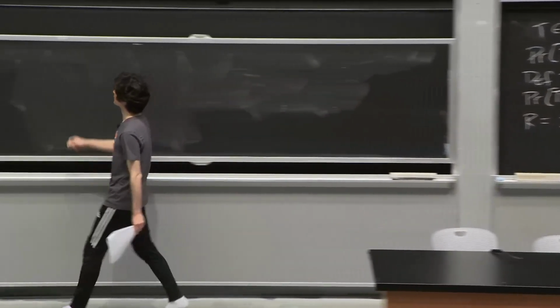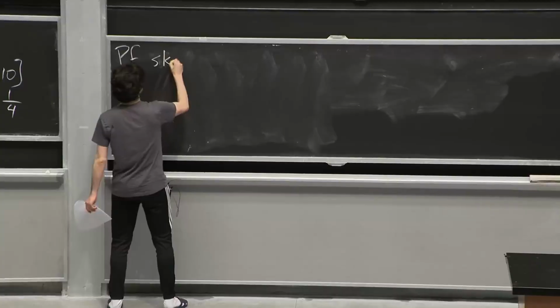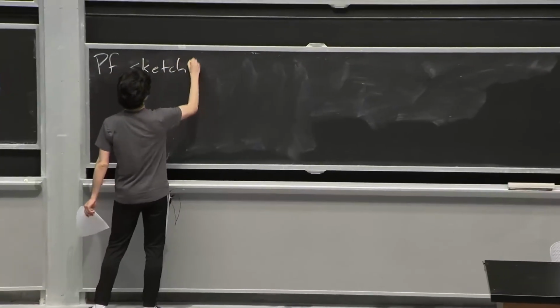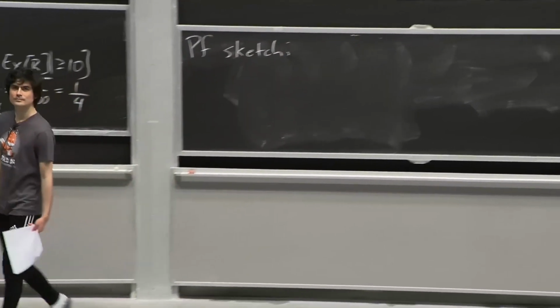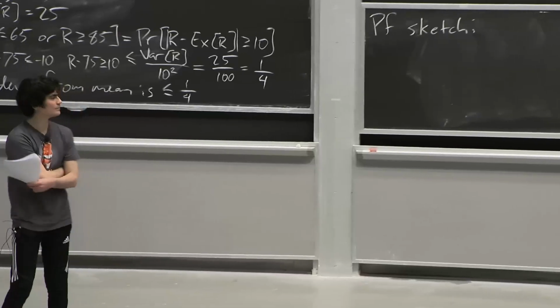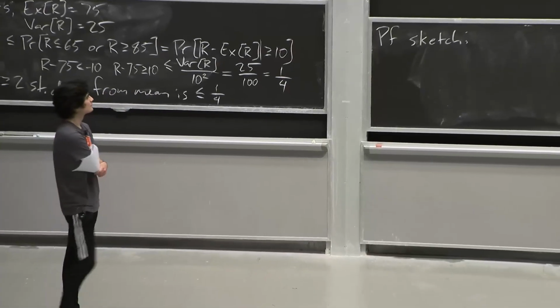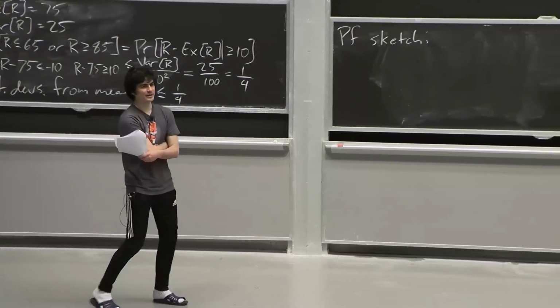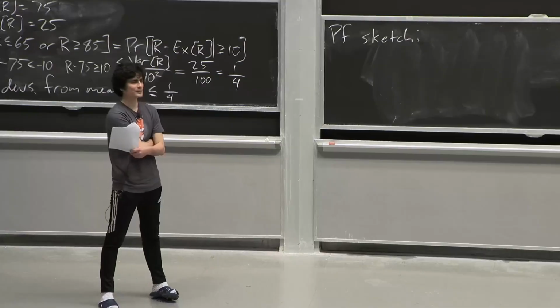We won't go through the entire proof. So what tools do we have already? What might we be able to do?